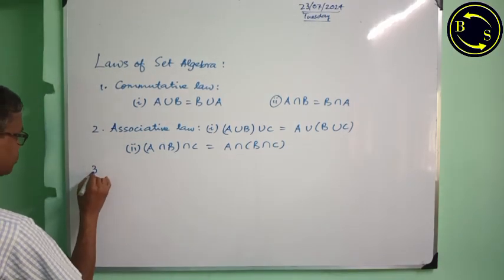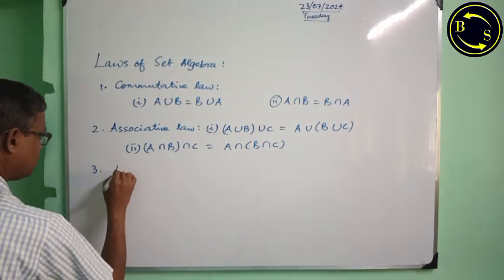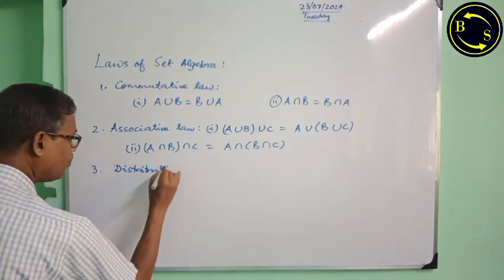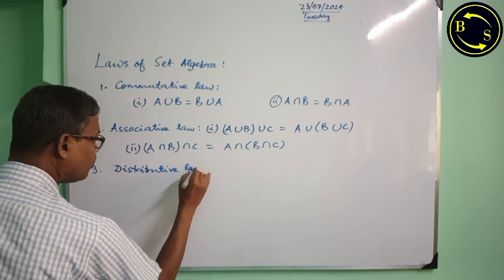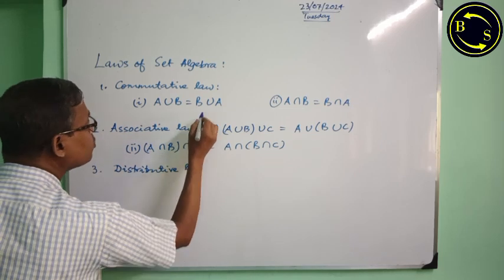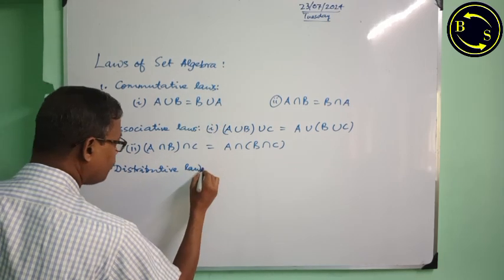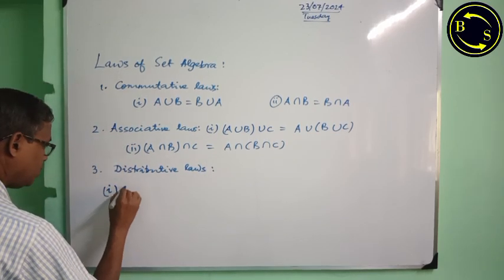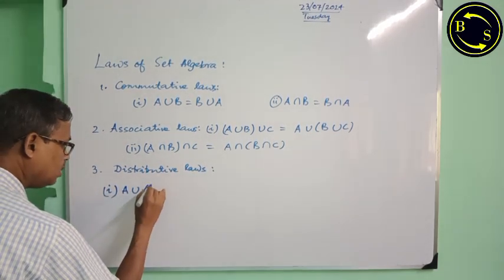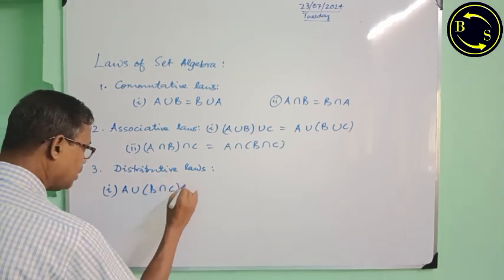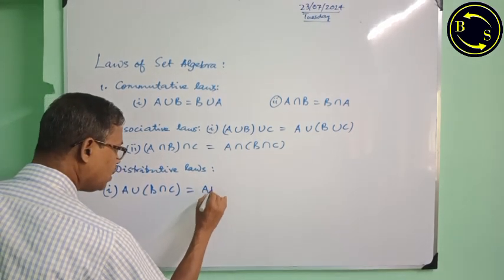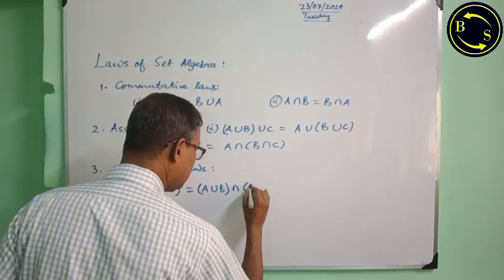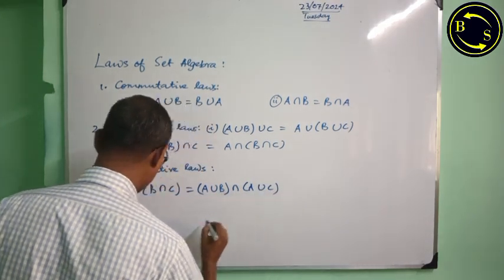Then distributive law. You can say also laws. Number 1, A union (B intersection C) is equal to (A union B) intersection (A union C).